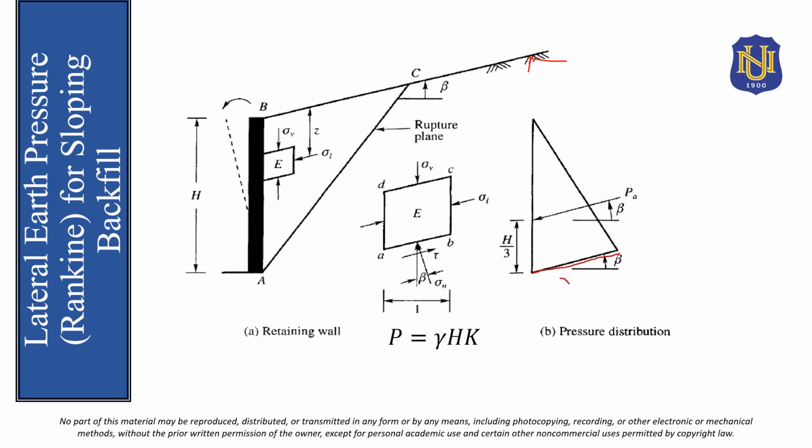This is the gamma H K. This part. Then, the retaining wall has a height H. That means the height of this triangle will be H.